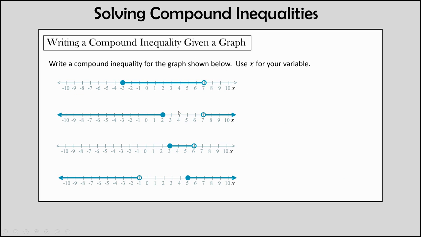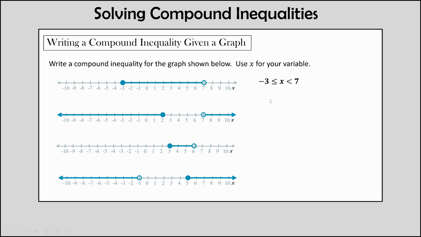Okay, now they give us a graph and say, give us the compound inequality that represents the graph. Use x for your variable. So really, you just got to kind of read it to yourself. This answer group represents numbers that are greater than or equal to -3 and numbers that are less than 7. The only way I'm going to get this group is to use "and."